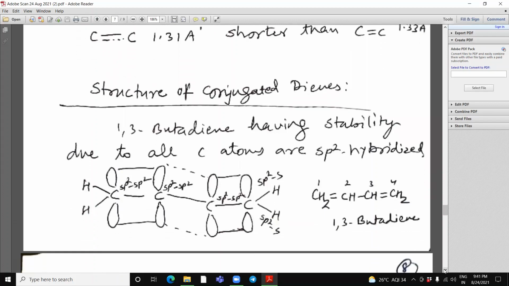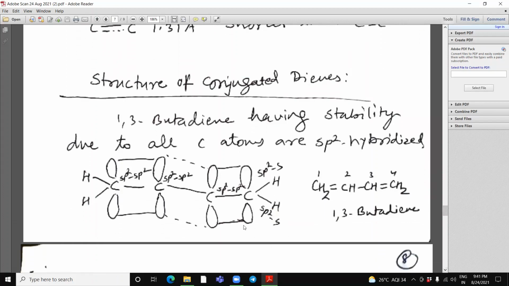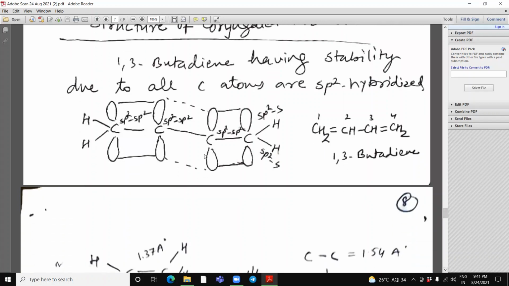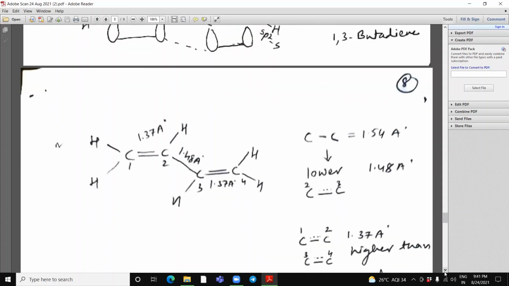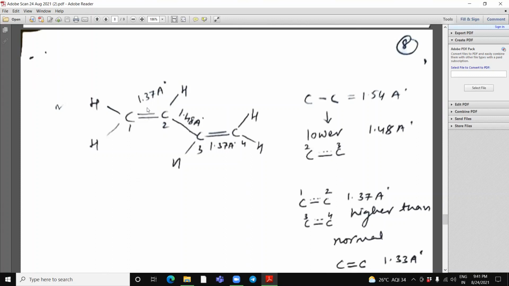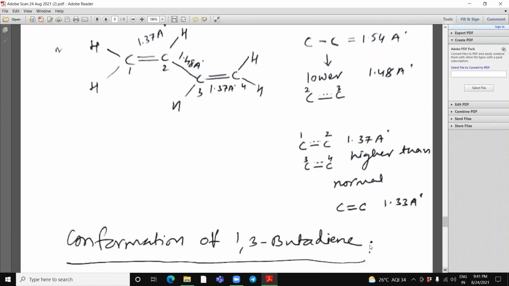Structure of conjugated dienes. 1,3-butadiene has stability due to all carbon atoms being sp2 hybridized. See here its bond length. Double bond length is slightly higher and single bond is slightly lower. So we can see that due to the delocalization of pi electrons, their bond lengths are affected.